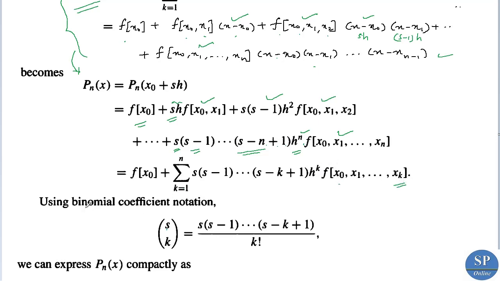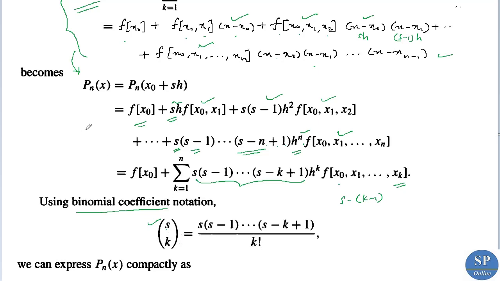Now, by using binomial coefficient notation, we have s choose k equal to s into (s minus 1) into etc., (s minus k plus 1) divided by k factorial. This is s choose k. So we can replace the product by s choose k into k factorial.